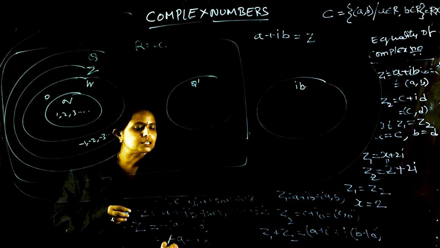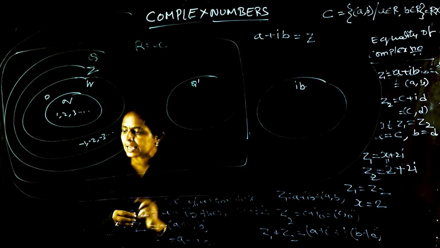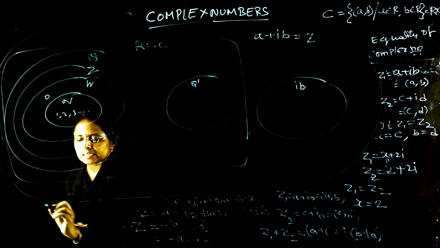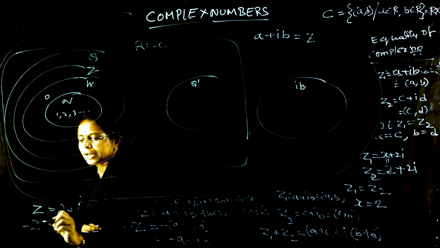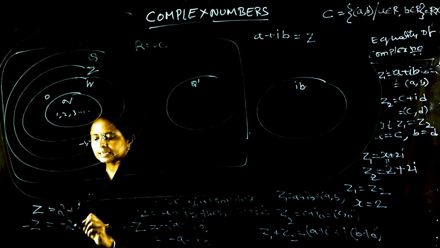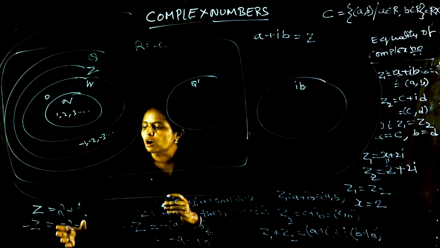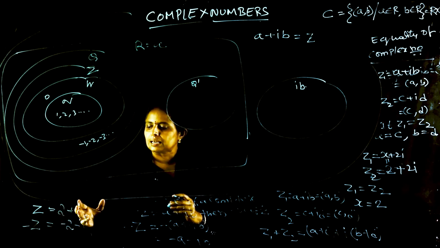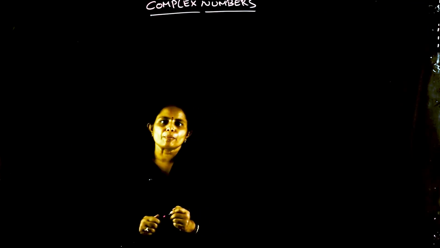We also call this negative of a complex number the additive inverse. Say if Z equals 2 plus i is a complex number, then the additive inverse of Z, that is minus Z, is given as minus 2 minus i. We have to change the signs of both real and imaginary parts. Now let us see the difference of complex numbers.